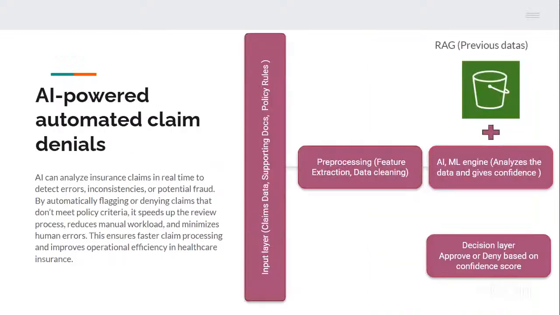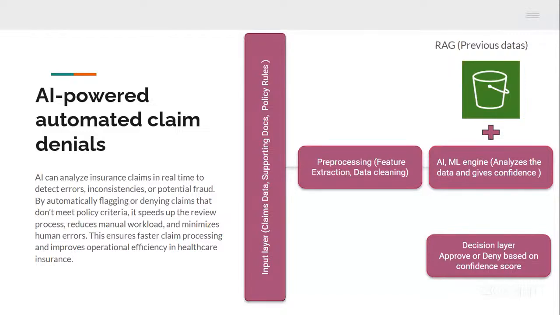So next one, AI-powered automated claims and denials. AI can analyze insurance claims in real time. When I go to a hospital, there is a separate desk similar to reception, where they give work to the insurance team and then you either get your claim or you get denied.